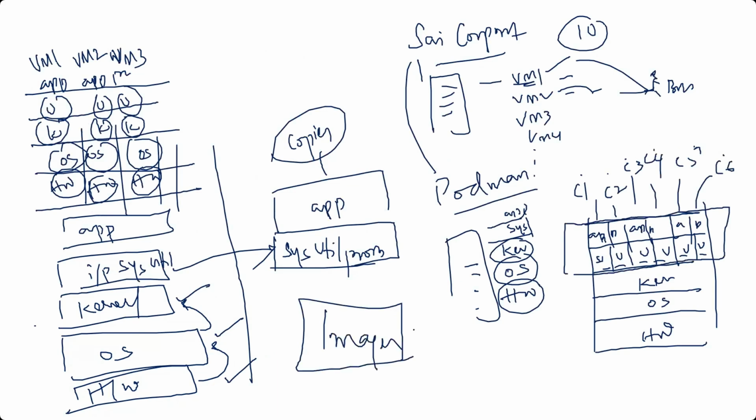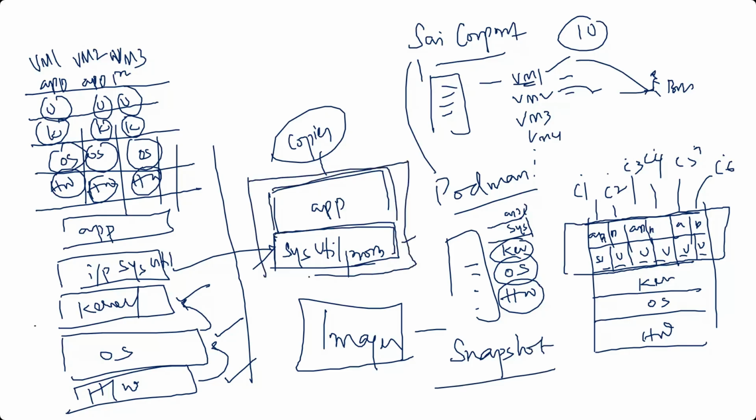Okay. An image is nothing but a snapshot of a utility module and an application layer. Now this snapshot, the combination of the utility module and the app layer, can be used on any operating system and its kernel.